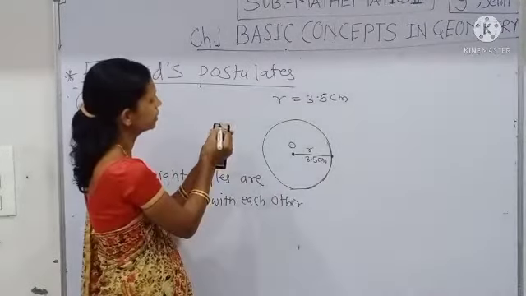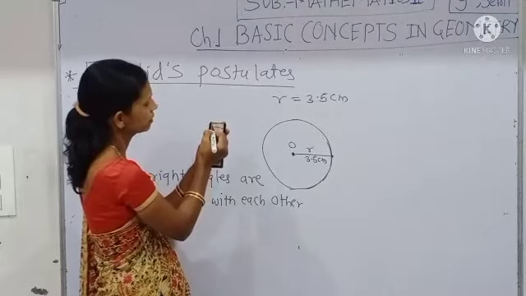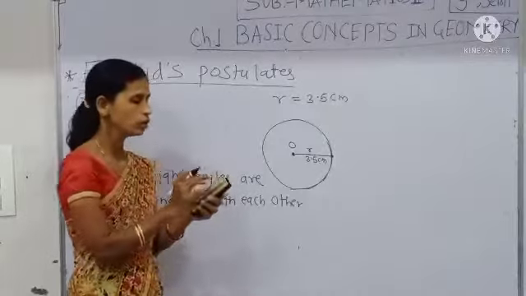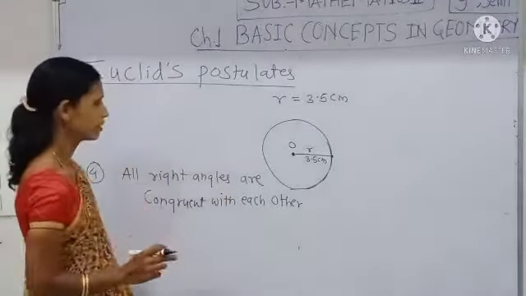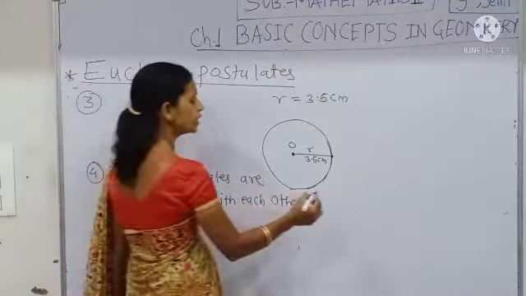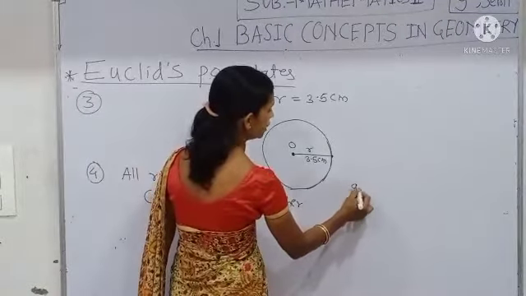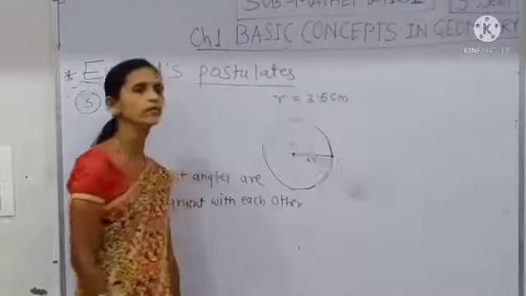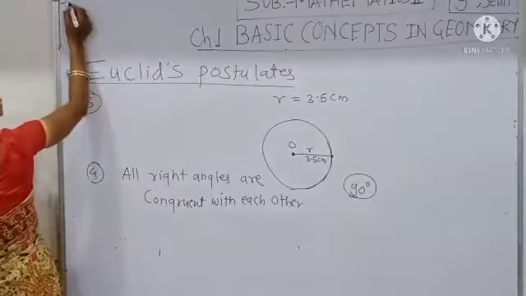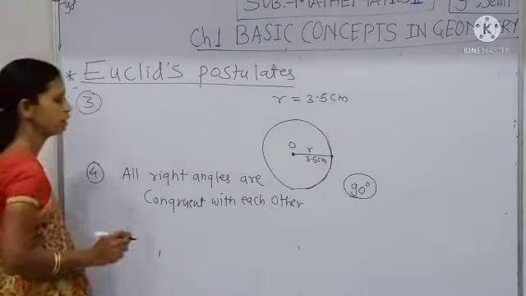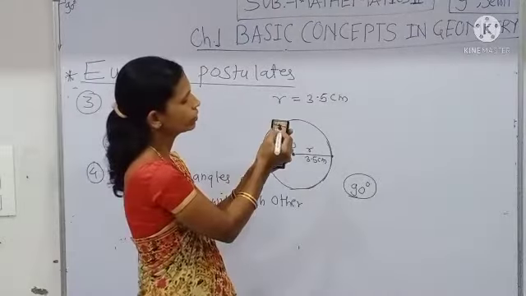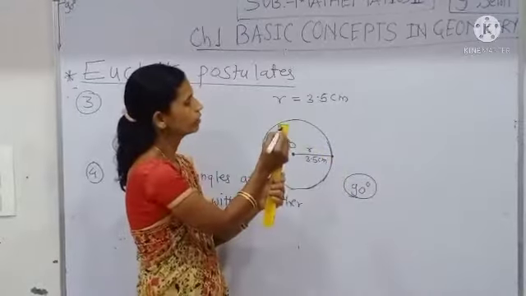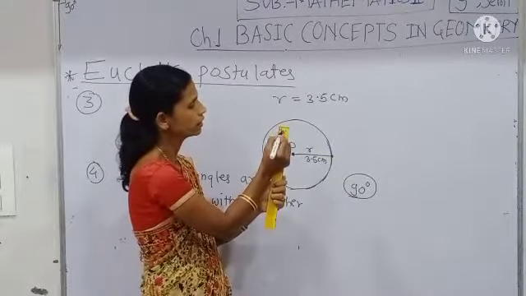When we measure them, those right angles are of 90 degrees. All right angles are of 90 degrees.